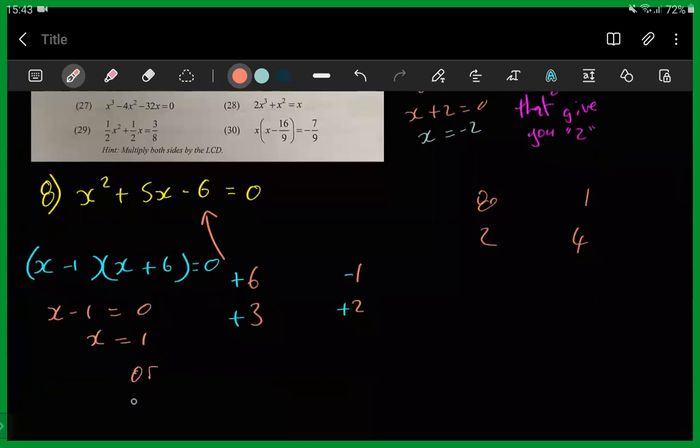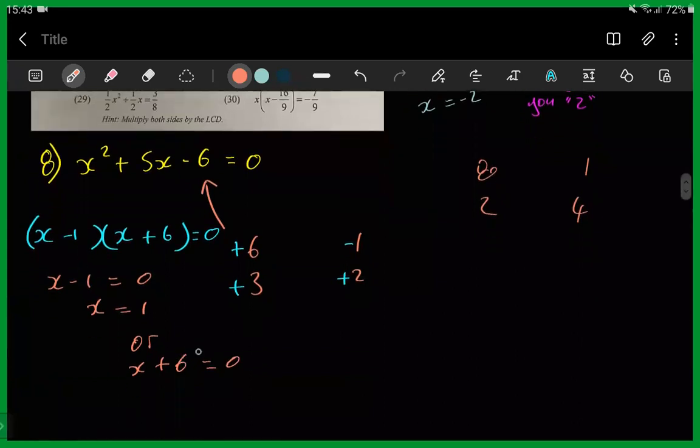And then the second one, this one goes over. There you go. Those will be your two answers. Okay, I'm done writing it down.